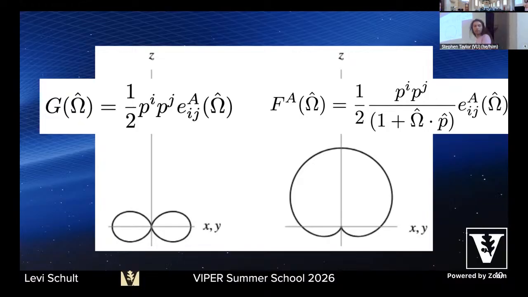So on the left, you're seeing this geometric factor for how an interferometer would respond to gravitational waves propagating along the z-axis. And p_i, p_j are the vectors representing the pulsar position, and then e_ij^A is the polarization tensor.